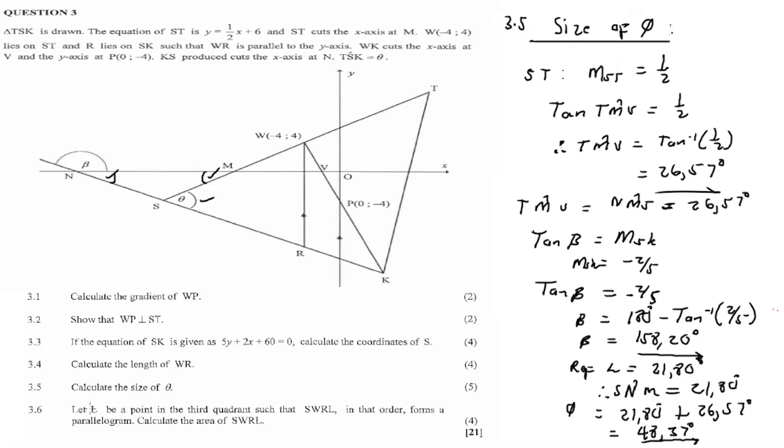3.6. Let L be a point in the third quadrant such that SWRL, in that order, forms a parallelogram. Calculate the area of SWRL.